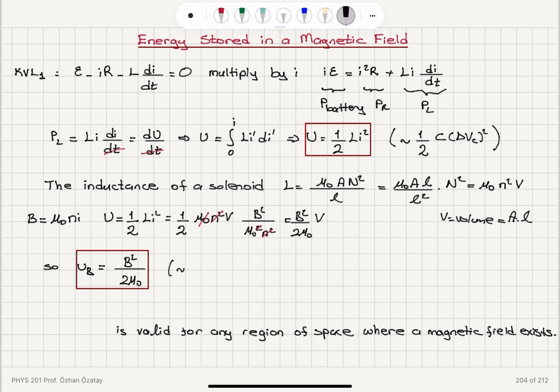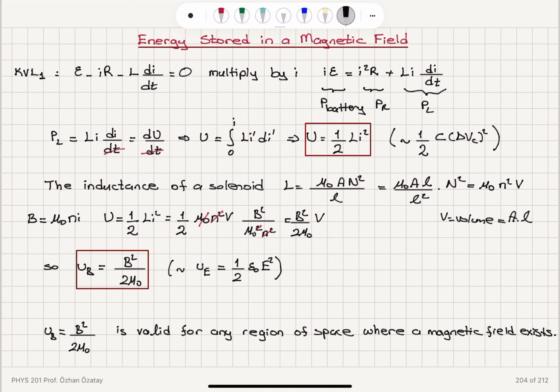And this is similar to the potential energy stored per volume in an electric field, which is 1/2 epsilon 0, permittivity of free space, E squared, the electric field squared. So we can see that this potential energy density in a magnetic field, B squared divided by 2 mu 0, is valid for any region of space where a magnetic field exists.